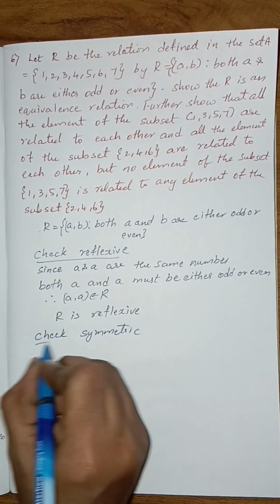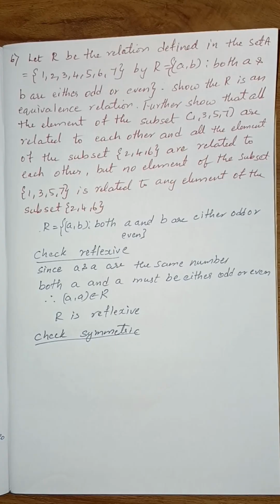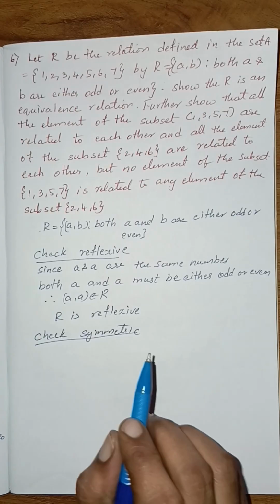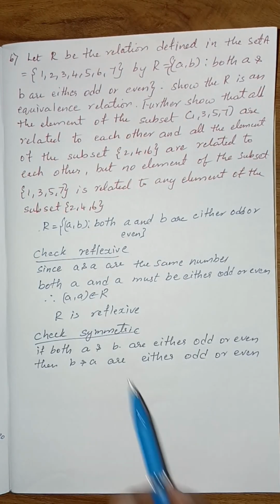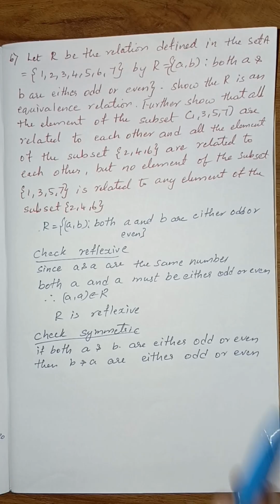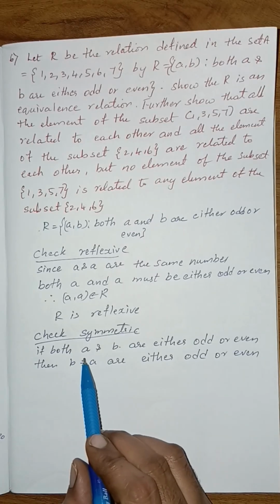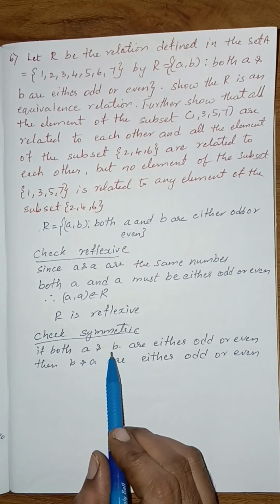Now we have to check for symmetric. In symmetric, we know that if (a, b) belongs to R then (b, a) should also belong to R. If a and b are either odd or even, then b and a will also be either odd or even. So if you take a as 2 and b as 4, then it is even.